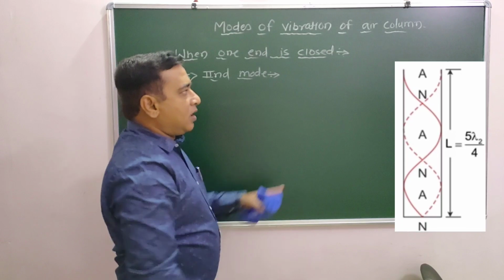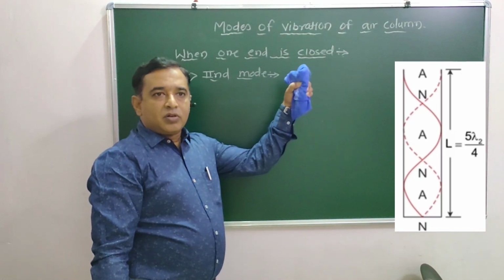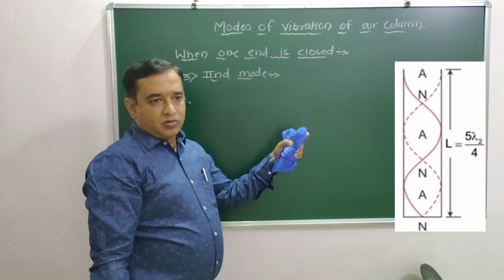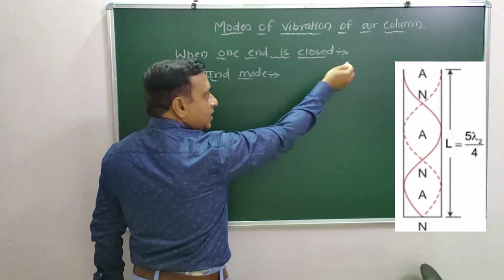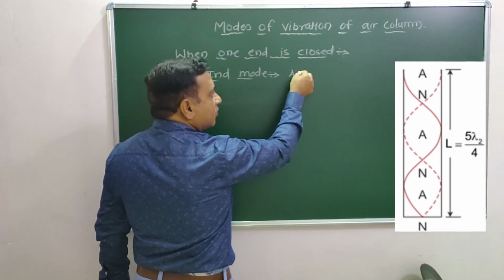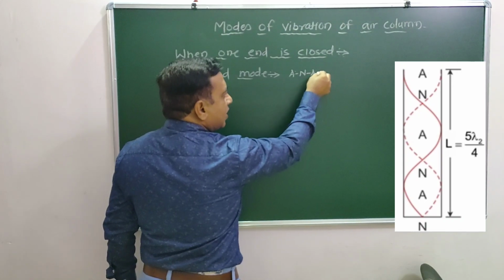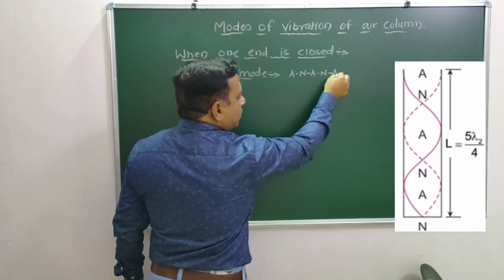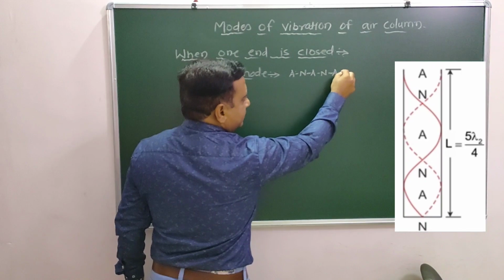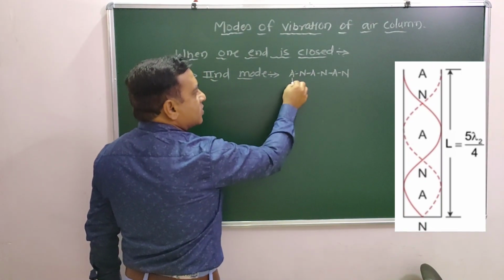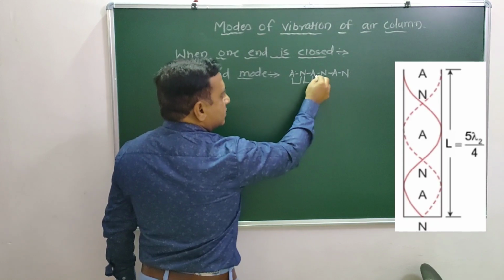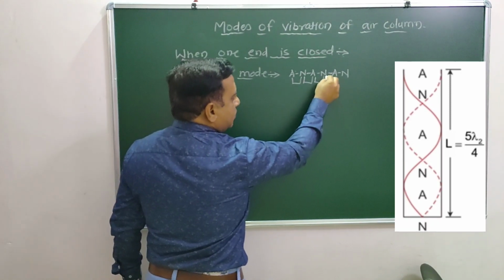Observe the diagram. At the top, we have the antinode, node, antinode, node, antinode, node. So 3 nodes, 3 antinodes.